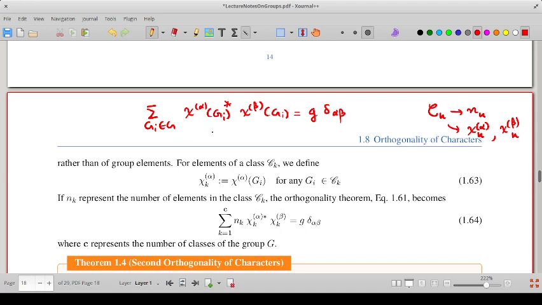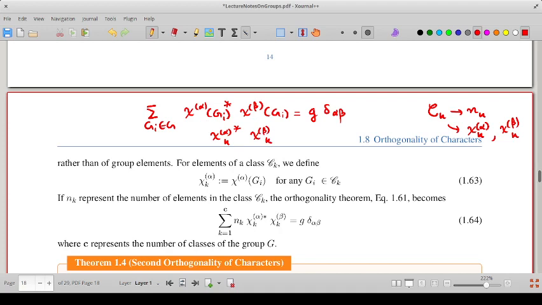So in this sum, considering the elements in class Ck, we will have Nk of them. All of them will have the same character. And for a typical element in that class, this chi alpha Gi star can be written as chi alpha k star. And in the representation gamma beta, we will have this equal to chi beta k.